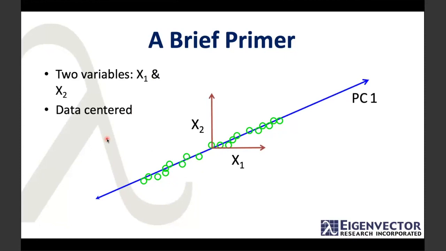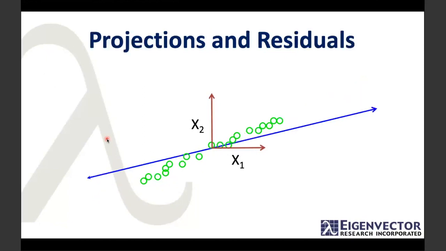Well, how do we obtain this PC1? Let's just draw an arbitrary line in our two-dimensional space here that goes through the origin. And for each of the data points in our data set, we're going to project each of those points onto this line. And what do I mean by a projection?